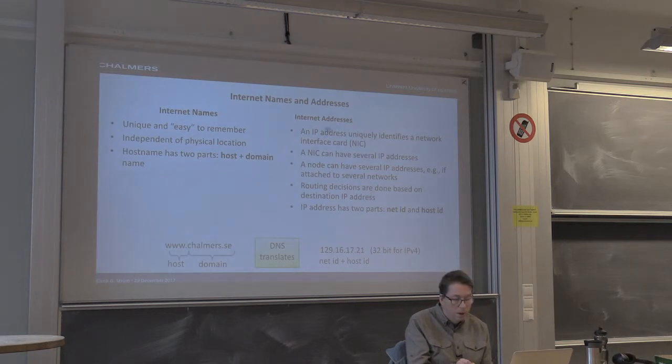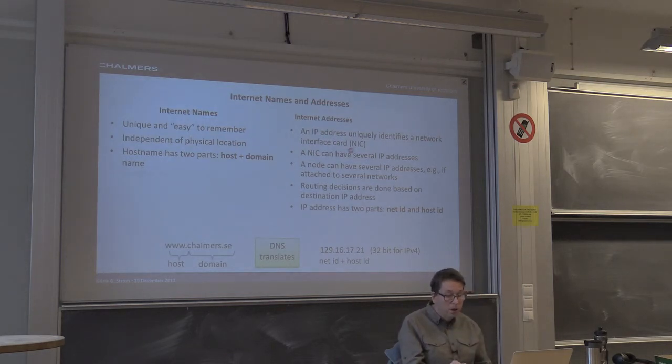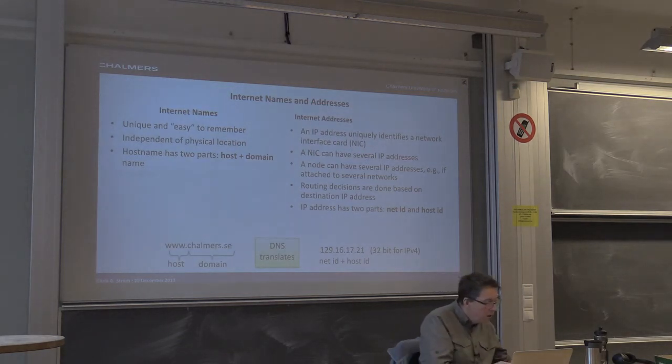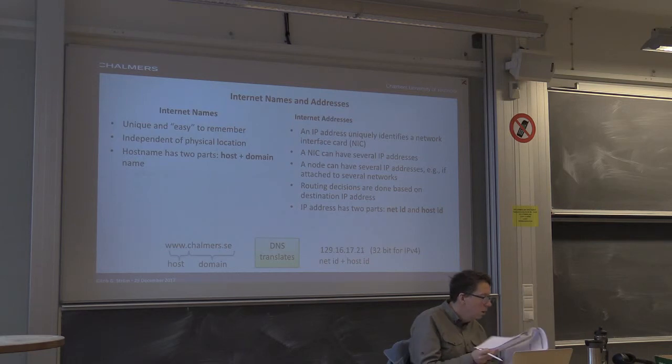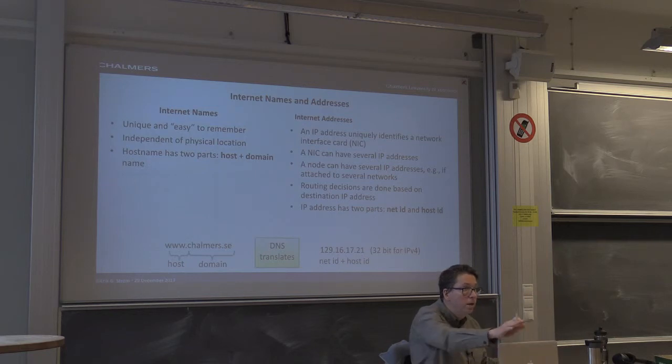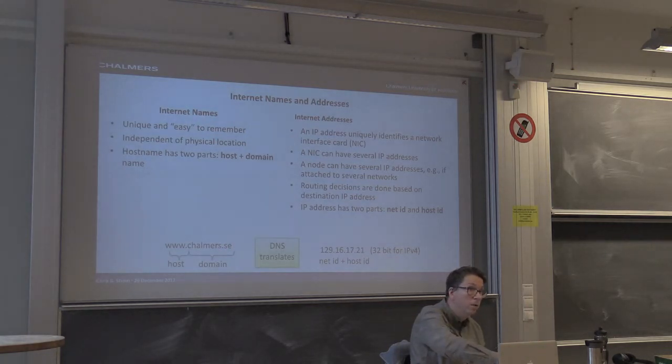Internet addresses are IP addresses, and they uniquely identify a network interface card. A network interface card can actually have several IP addresses, but an IP address is not pointing to two different network interfaces. In this computer, there is a Wi-Fi network card, and it can have several IP addresses, but the IP address of this Wi-Fi card cannot be used by the Ethernet card, which is in this one too.